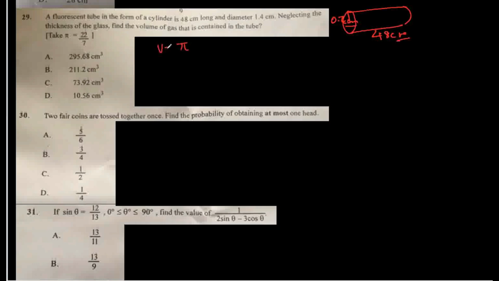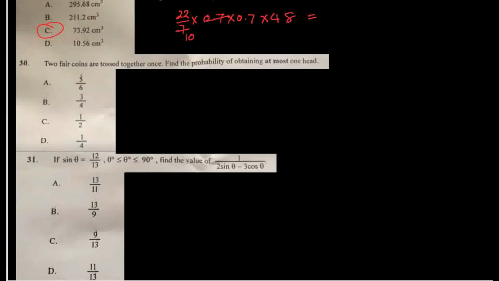Volume of a cylinder is pi r square h. So it will be 22 over 7 times 0.7 times 0.7 times height, 48. This cancels 10 here, and now we can use the calculator straight away. There is no need to simplify because this will not divide properly. After using my calculator, I get 73.92 cm cubed. That is the solution. Okay, next one.